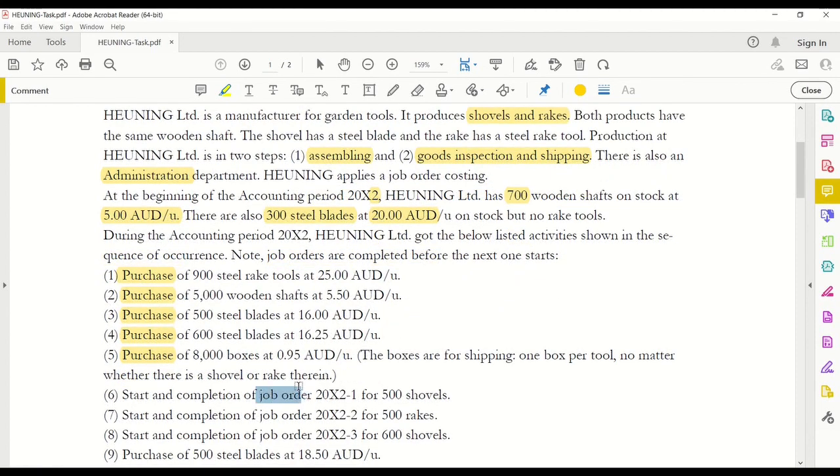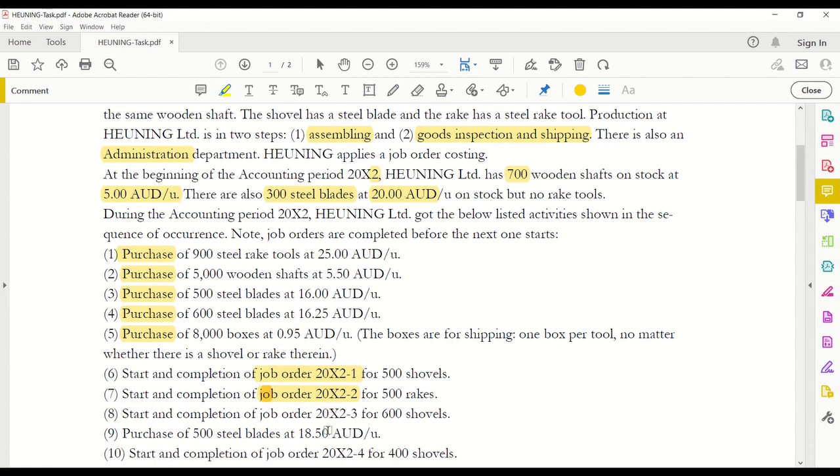This job order is 2002 number 1, which is linked to the shovels. Then there is another job order for rakes. Then comes a third job order. So we have to prepare 3 job order accounts: for 500 shovels, for 500 rakes, for 600 shovels.